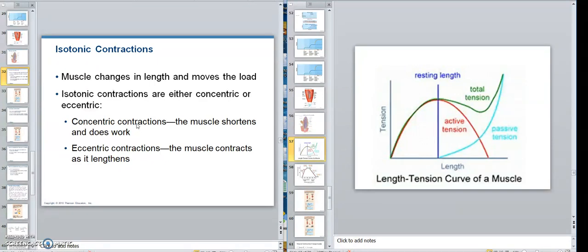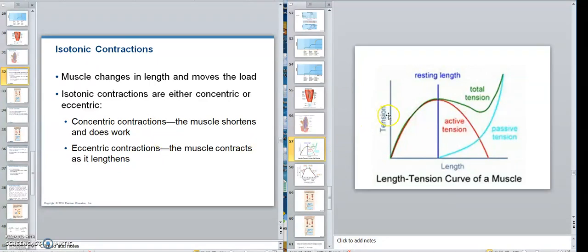An eccentric would be where I slowly let the barbell down. Now I'm still contracting. I'm not just dropping it. I'm slowly letting it down. The muscle is still tense, but it's lengthening out. That's the difference between a concentric isotonic and an eccentric isotonic.